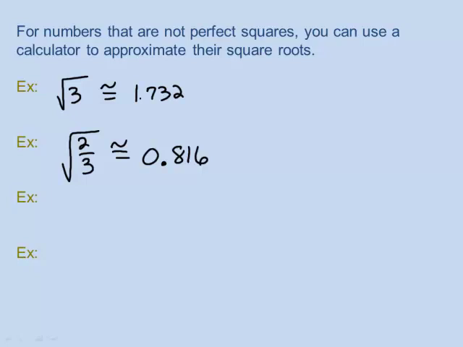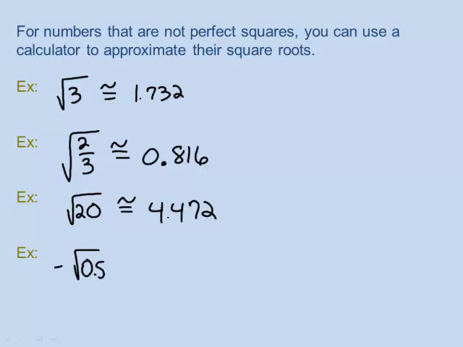All right, let's look at an approximation of the square root of 20. If you put that in your calculator, that's equal to approximately 4.472, rounding to the thousandths place. And finally, we've got the negative of the square root of 0.5.